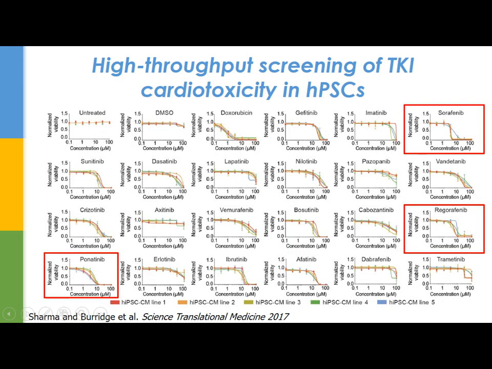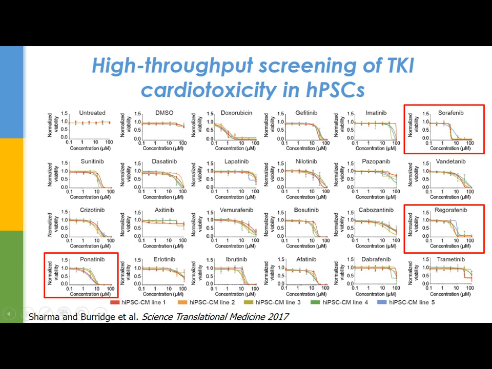And you can see the nice panel of tyrosine kinase inhibitors and the automated cell viability assessment, and they found that 3 tyrosine kinase inhibitors have the highest effect on cell viability.